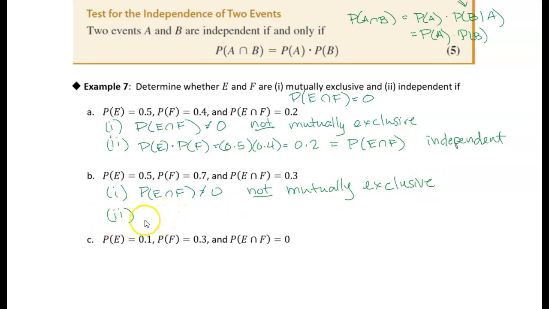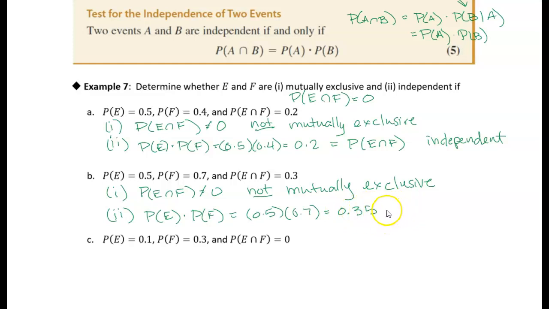Part 2, we want to test for independence. So we just want to take the probability of E times the probability of F, and we want to compare it to the probability of these things happening together. So probability of E is 0.5. Probability of F is 0.7. That gives us 0.35, I believe.